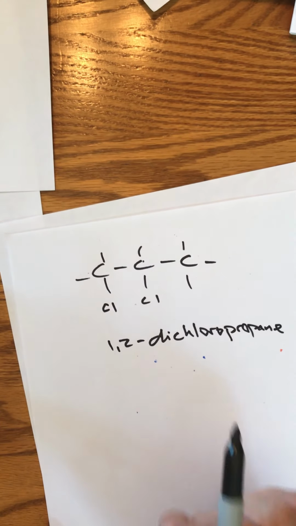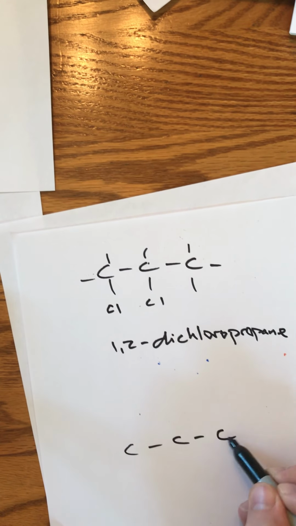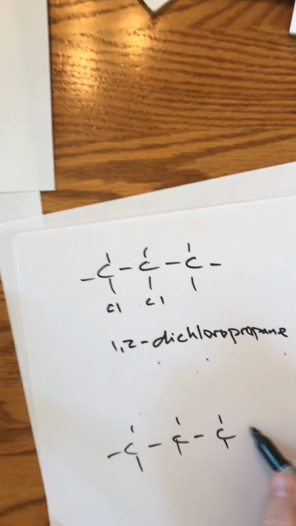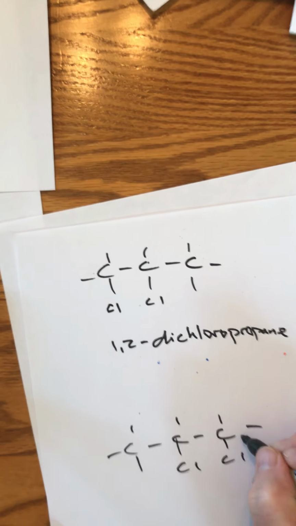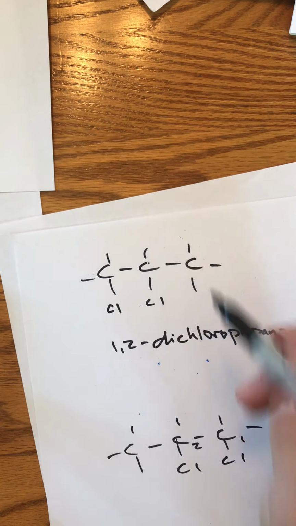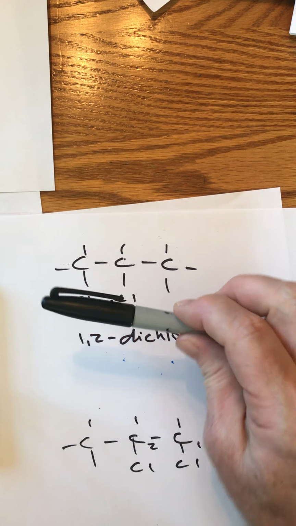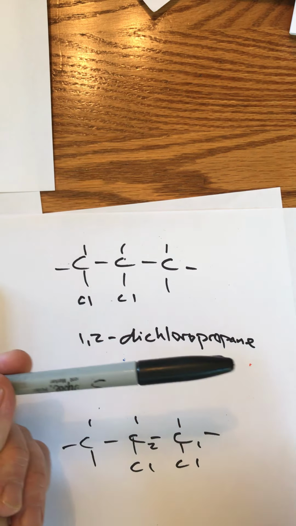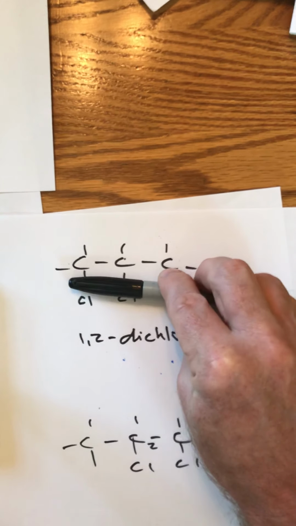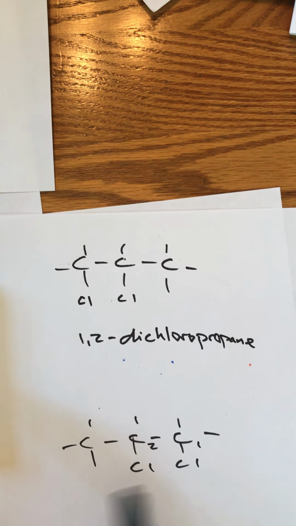Could I go 2,3? No, because that would still be 1,2. This and that are the same thing. That's literally, take a look at the marker. The cap's on the left, right? Well, just roll it over, now the cap's on the right, but I didn't change the actual compound. Take the chlorines and just flip them to the other side. So this is still 1,2.